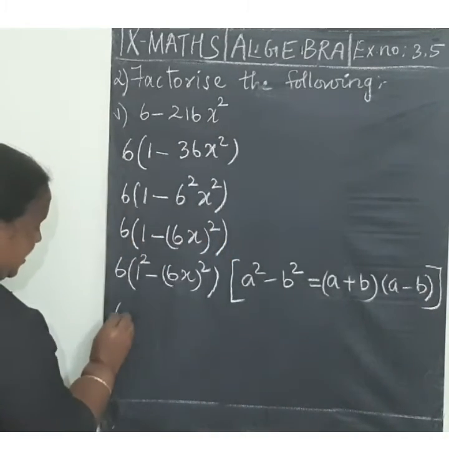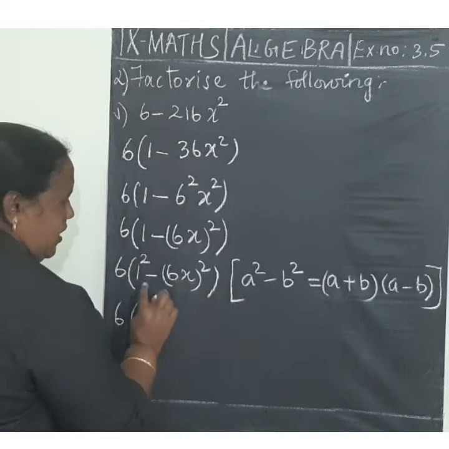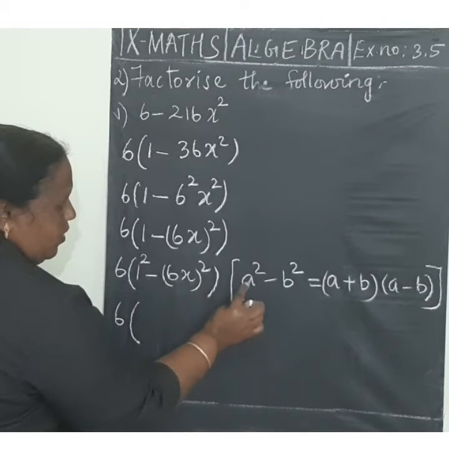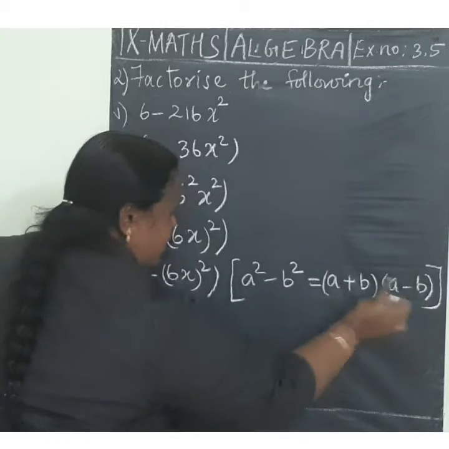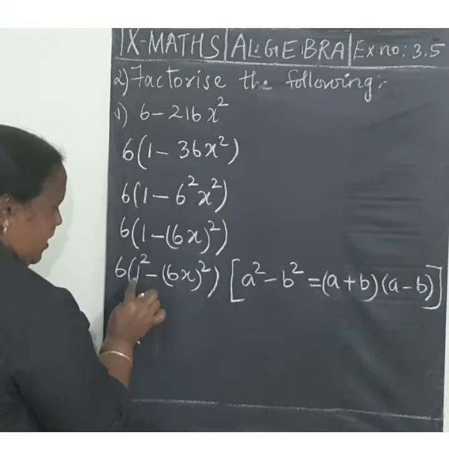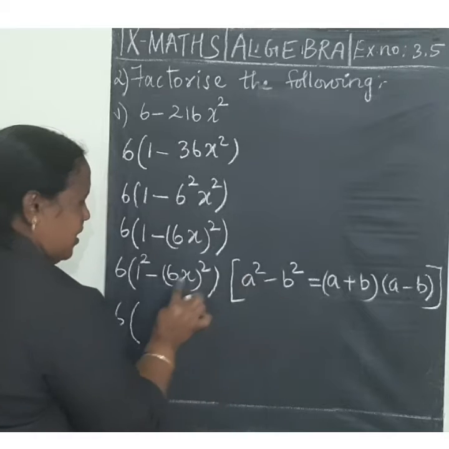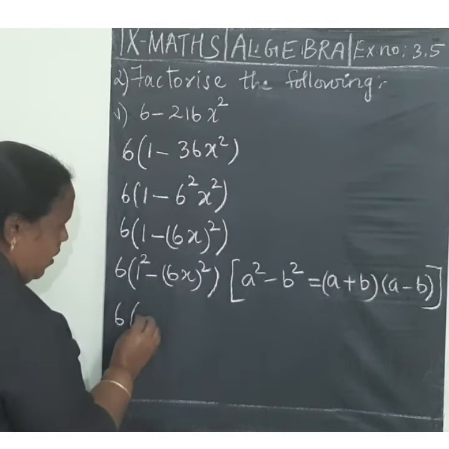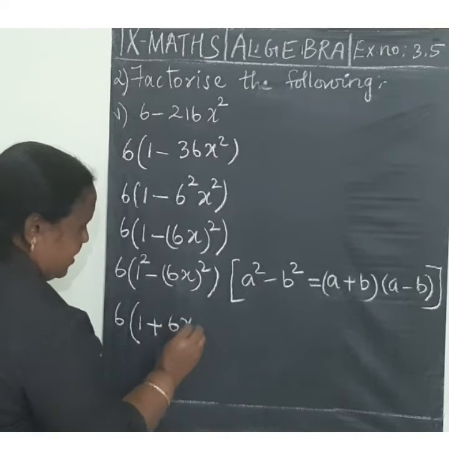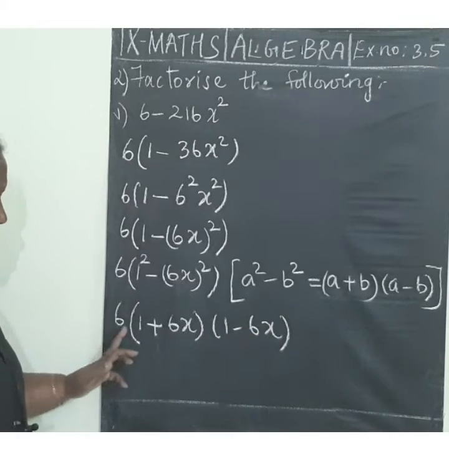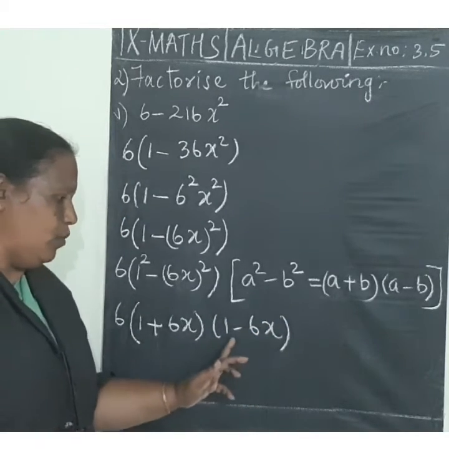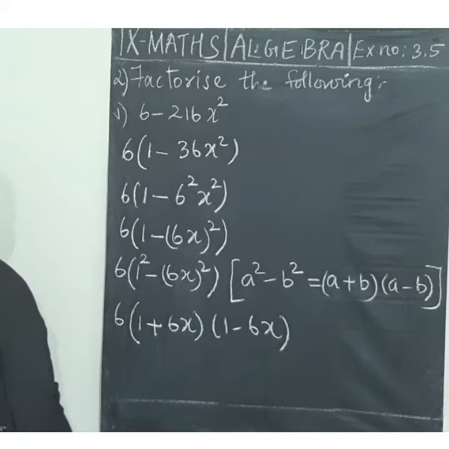So 1 square minus 6 square is in the form of a square minus b square. So we have to write this a plus b into a minus b. Our a is 1, b is 6x. So 1 plus 6x into 1 minus 6x. So 6 into 1 plus 6x into 1 minus 6x.